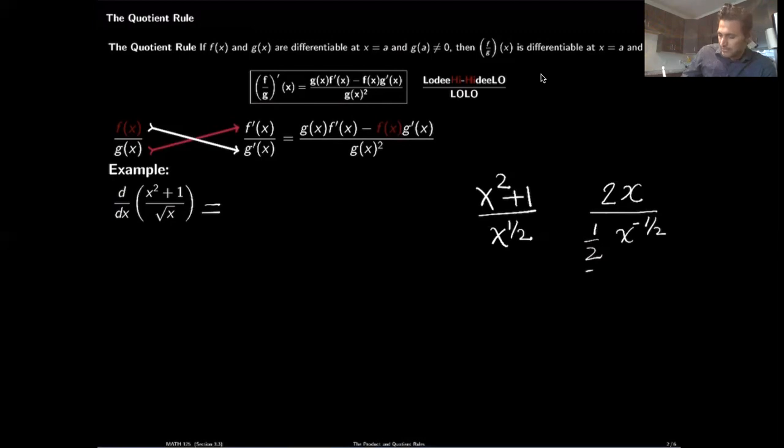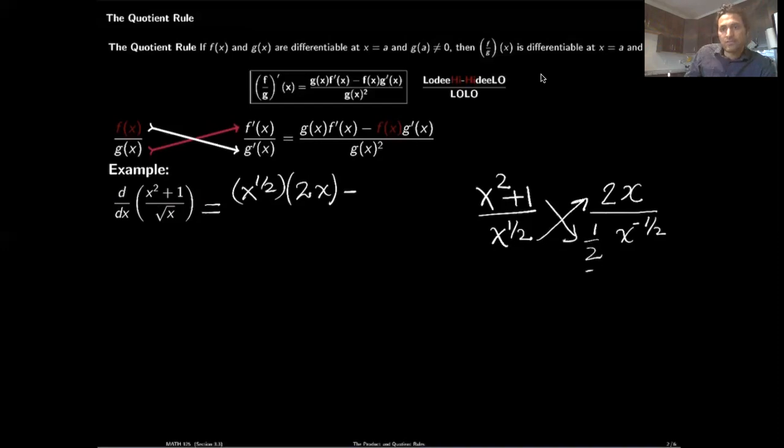Then we read and chant. We say low d high, so you multiply low, which is x to the power 1/2, times the derivative of high, which is 2x. There is a negative sign, so there is a subtraction, and then you read high d low.